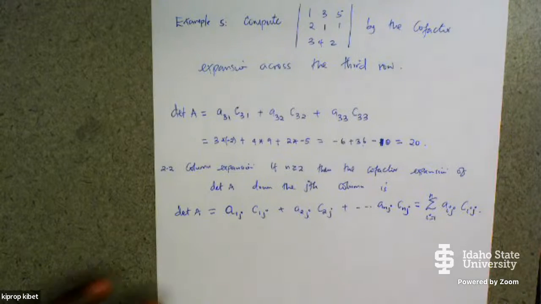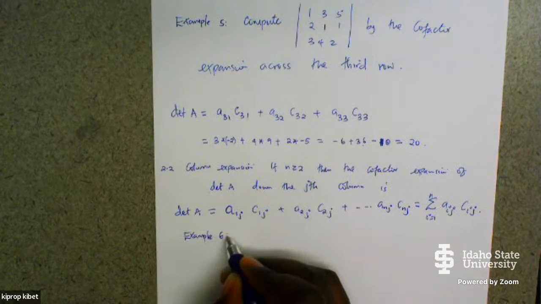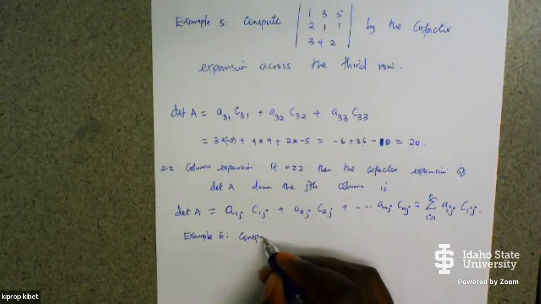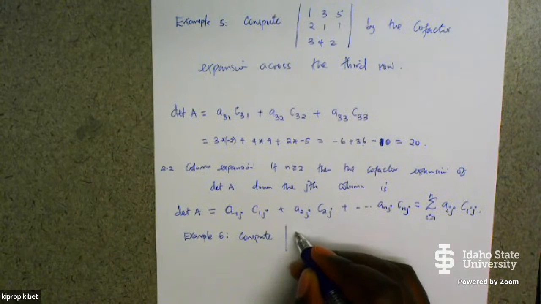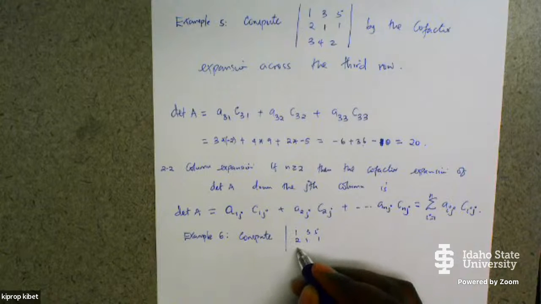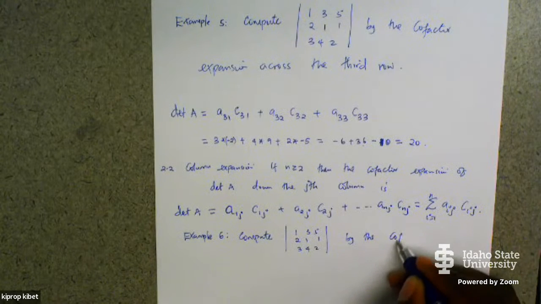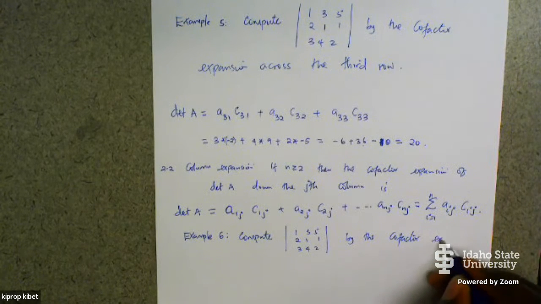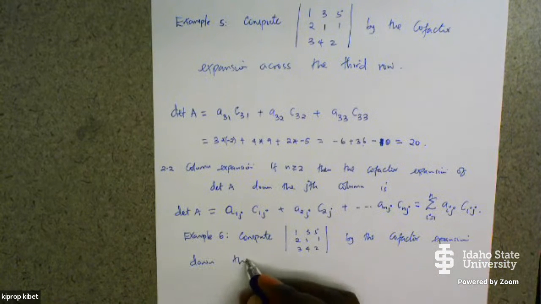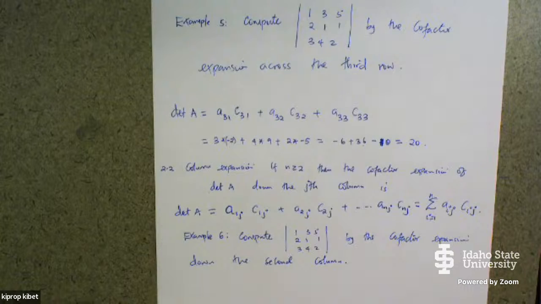Now, example number 6. Compute the determinant of 1, 3, 5; 2, 1, 1; 3, 4, 2 by the cofactor expansion down the second column.